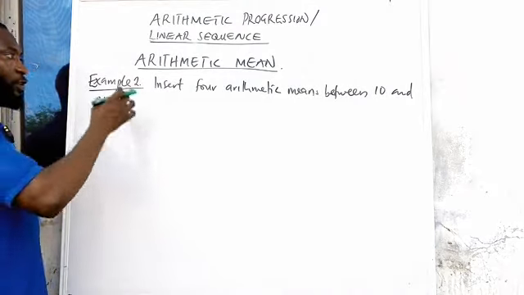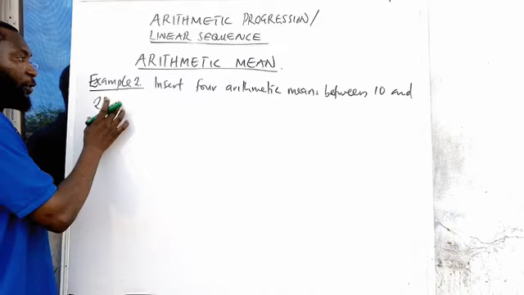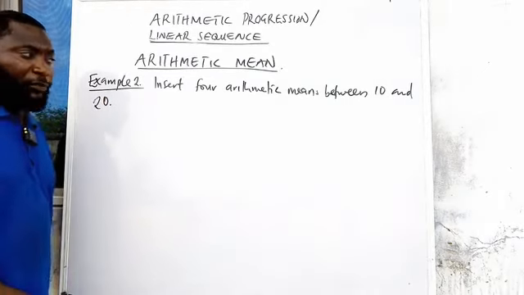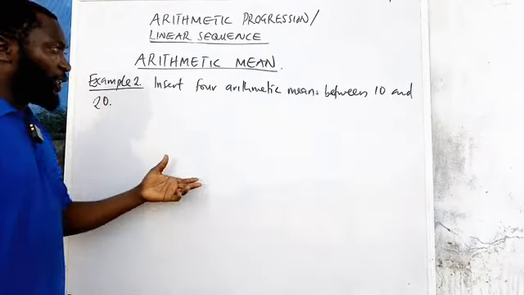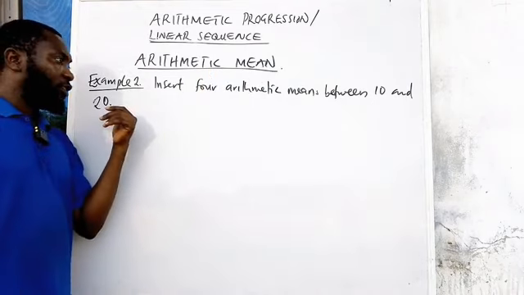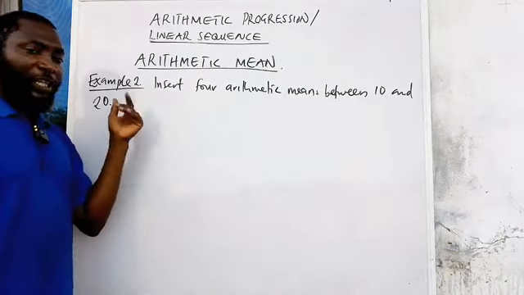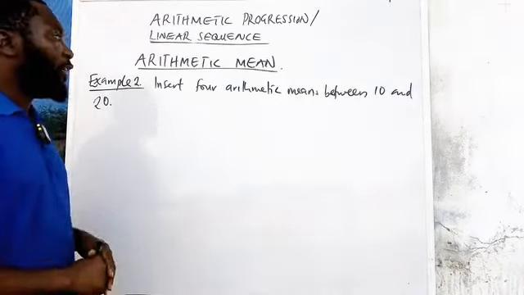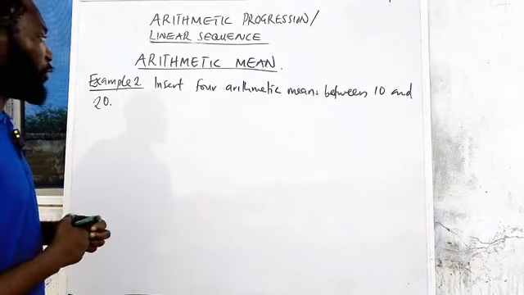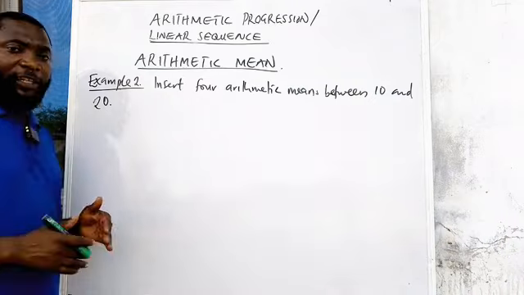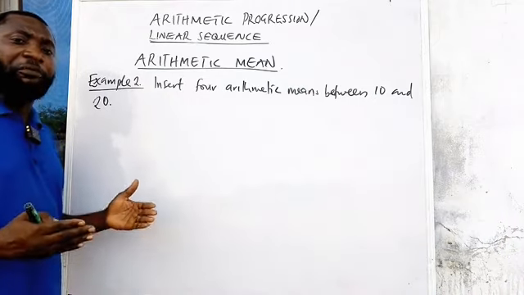Don't forget, we are talking about arithmetic mean, we are talking about arithmetic progression. So to calculate the arithmetic means such that these are in arithmetic progression, that is what we are trying to consider. Now, what we need to first do is assume letters to represent the arithmetic means.